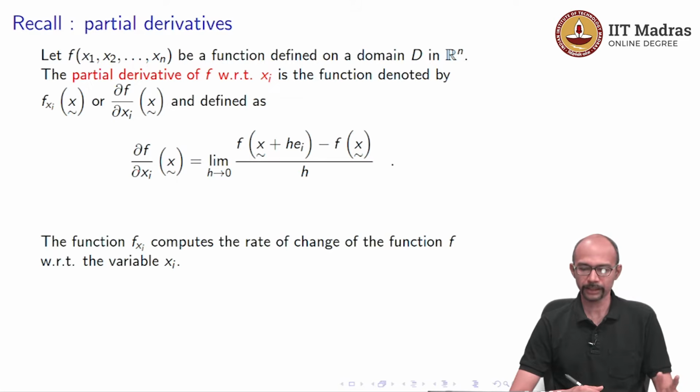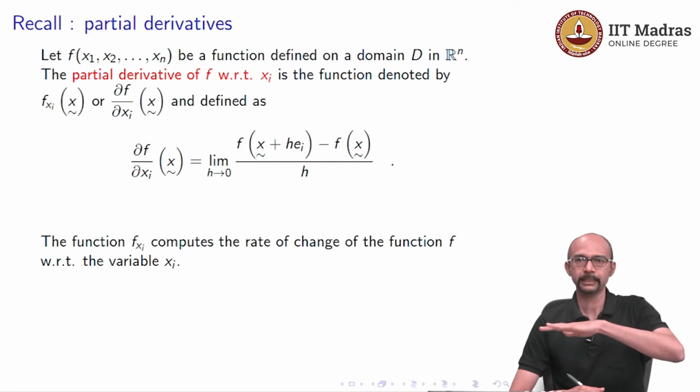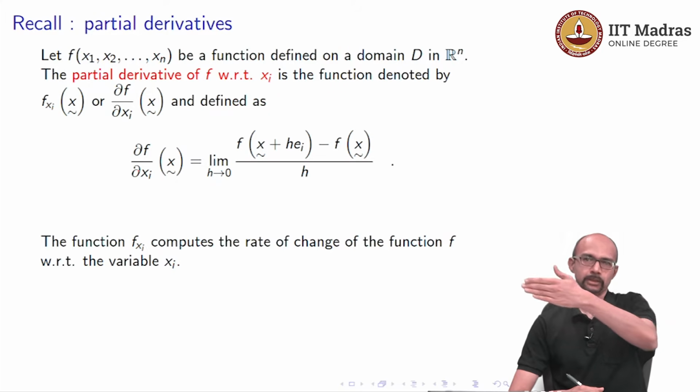And what did this compute? The function f subscript xi, which is the partial derivative with respect to xi, computes the rate of change of the function f with respect to the variable xi. So, essentially what we did was we said, well, your function is defined on the entire domain D, but now let us restrict it only to the axis corresponding to xi.